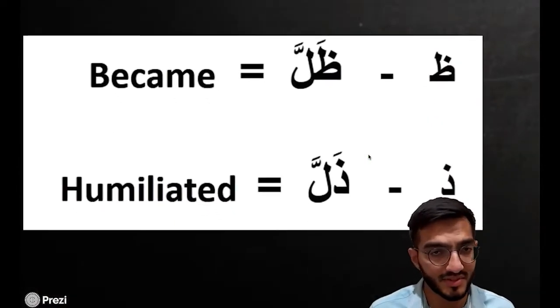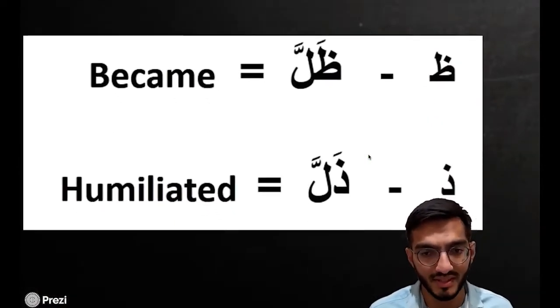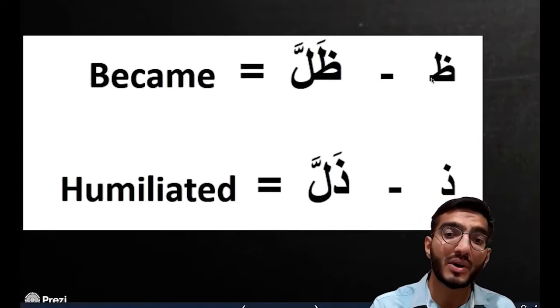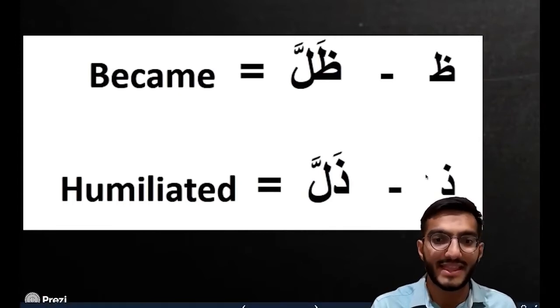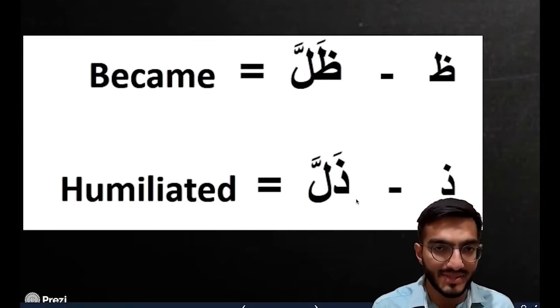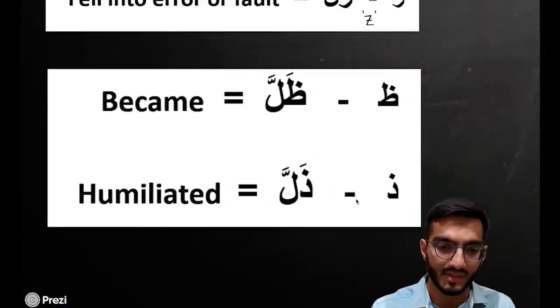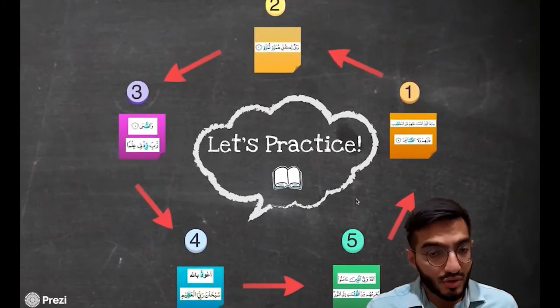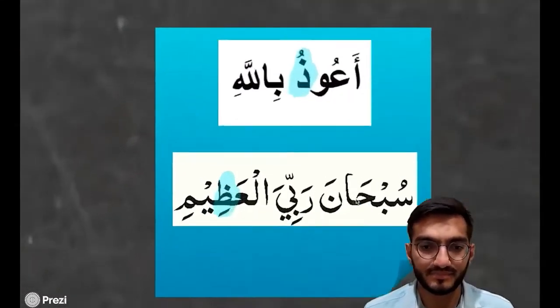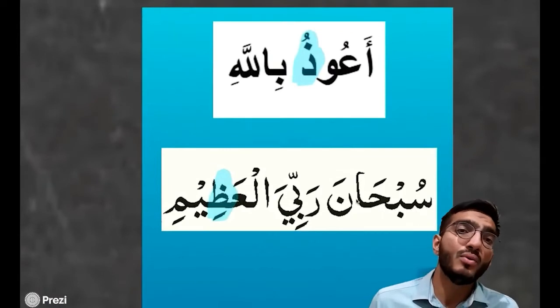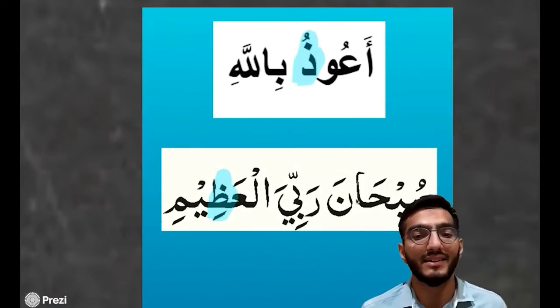A couple of examples just to show the difference in the meaning. Dhalla, the one with the full mouth, became. Dhalla, with an empty mouth, means humiliated. We'll go through a couple more practices. A'udhu billah.